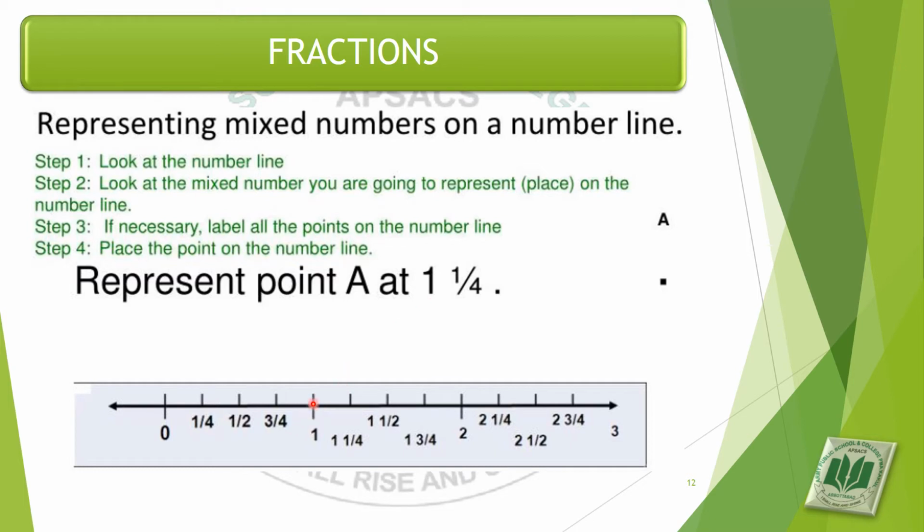So this is 1. So our number will lie over here. That is, this is the 1 whole part and this is the 1 by 4th. So this is our point A where we have obtained our result. This is the number 1 whole 1 by 4.